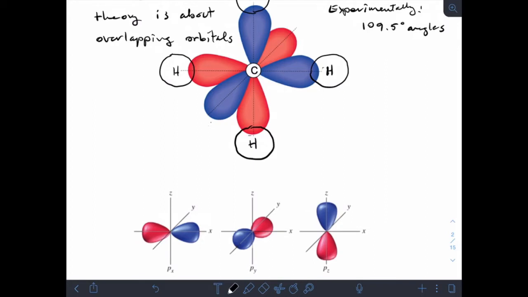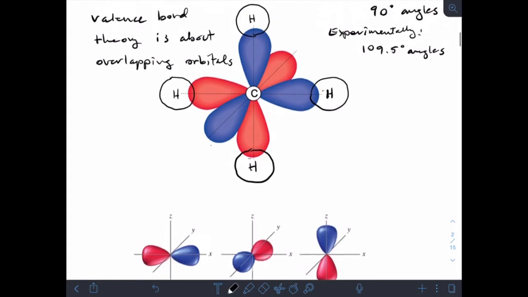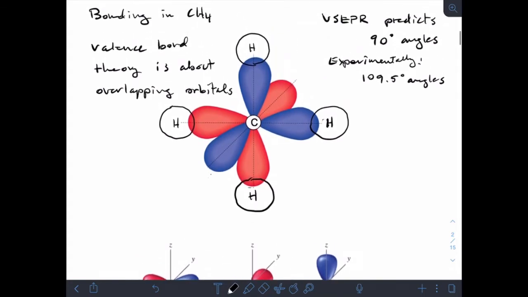And so if VSEPR is completely correct, then these three p orbitals will orient themselves as far apart as possible, just like it's shown in this particular drawing. So if I overlap my hydrogen 1s, so these are all hydrogen 1s orbitals, right? Because that's all hydrogen has to play with, right?